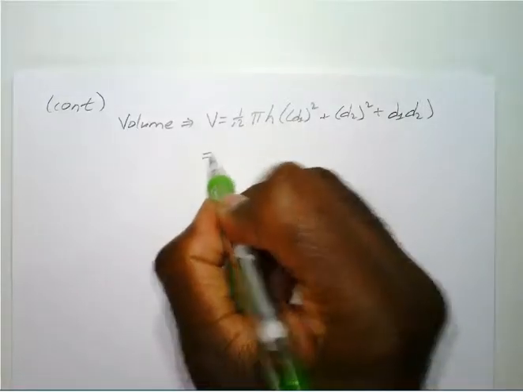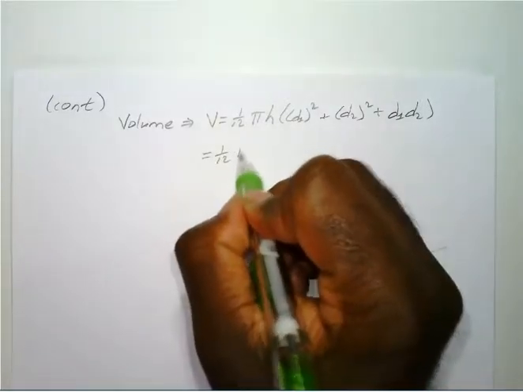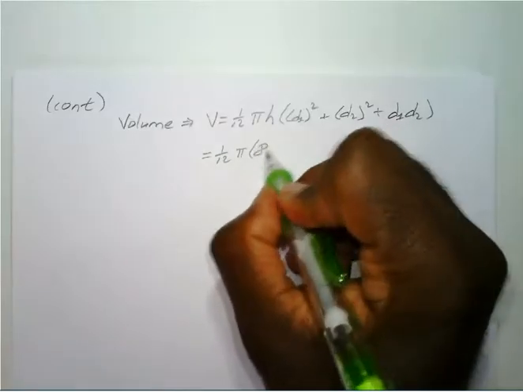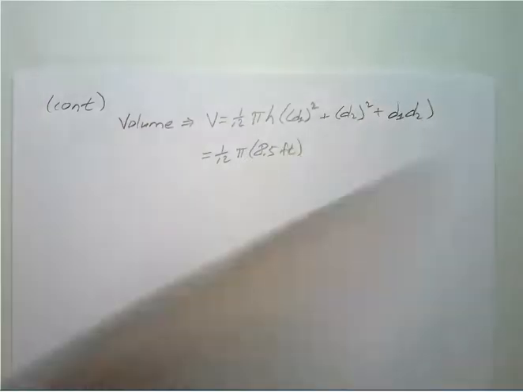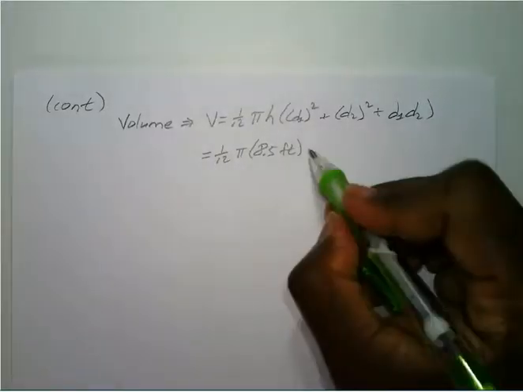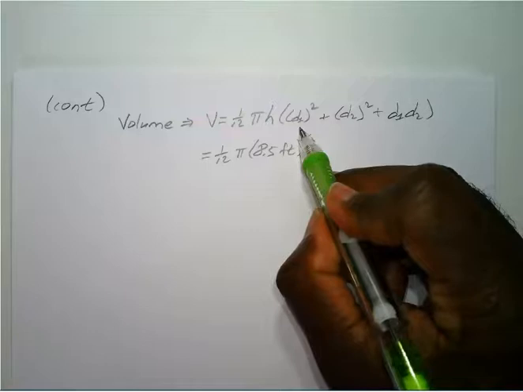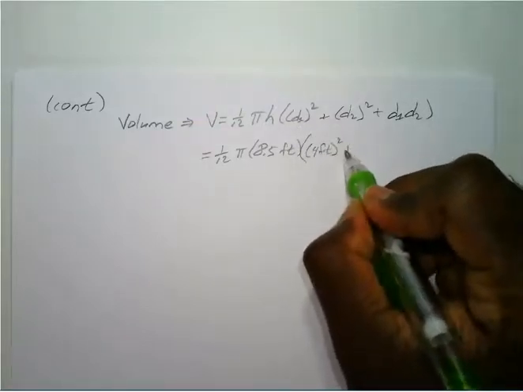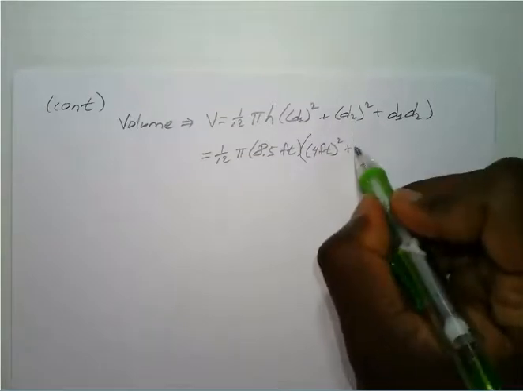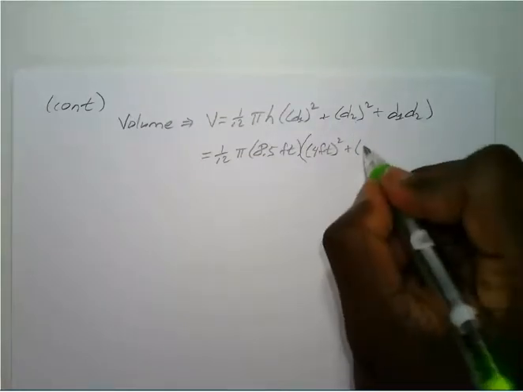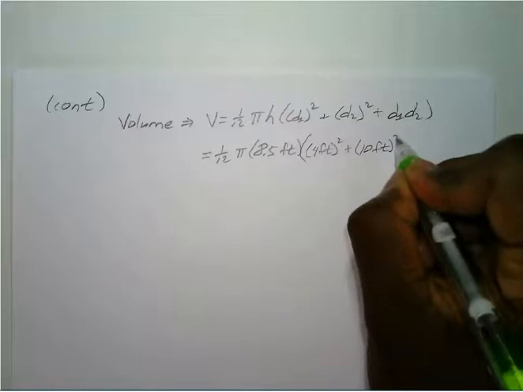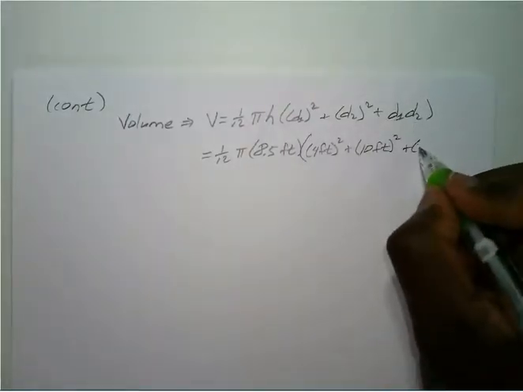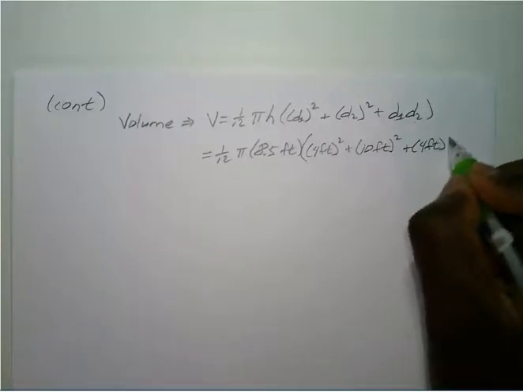Okay, so this is going to equal 1 over 12 times pi times your altitude, which we know is 8.5 feet, times your upper diameter, which is 4 feet squared, plus your lower diameter, which is 10 feet squared, plus the upper diameter times the lower diameter. So it's 4 feet times 10 feet.